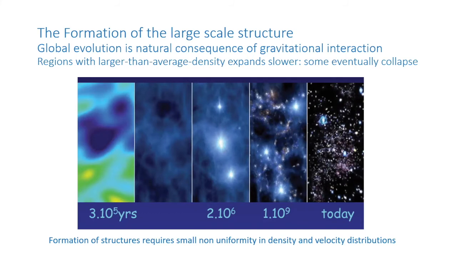So this is of course a patch of the cosmic microwave background temperature map, and the rest is a simulation, except for this, which is also a picture of the observed universe. But in between are stages of gravitational clumping through the universe.